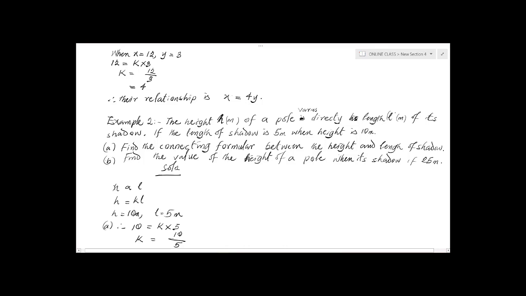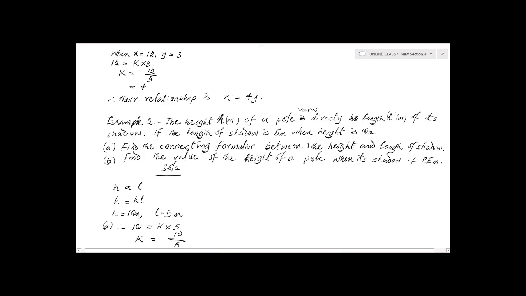H varies directly as L. You change varies directly to equals K, that is H equals KL. Then L is 5 meters, and H equals 10 meters.